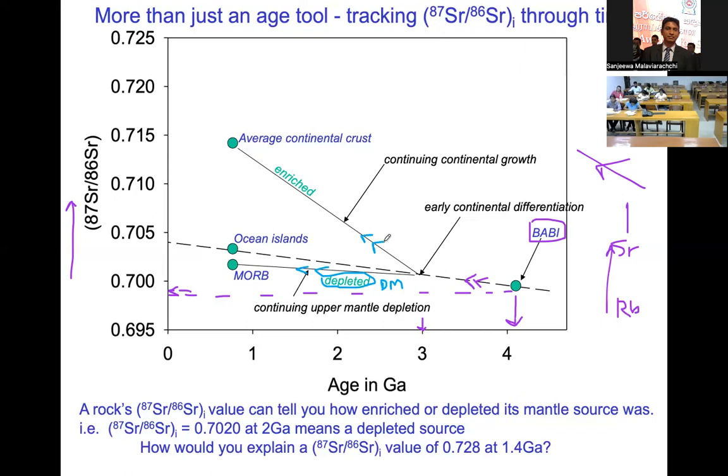With time, a lot of strontium could be produced in the crustal melts. Okay, so depleted mantle evolved like this, but it was able to still produce some further melts from the depleted mantle portion.